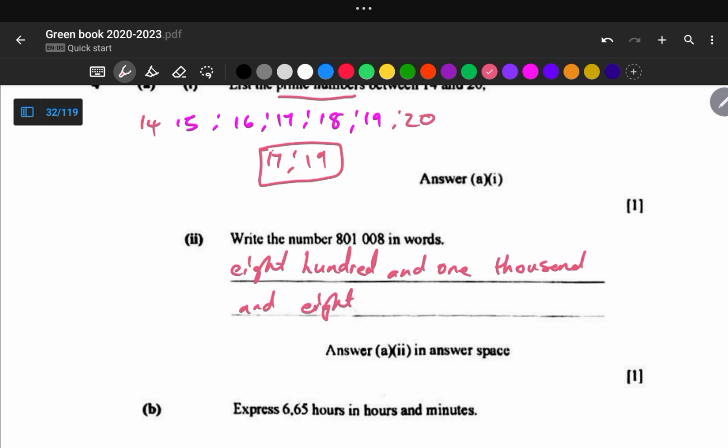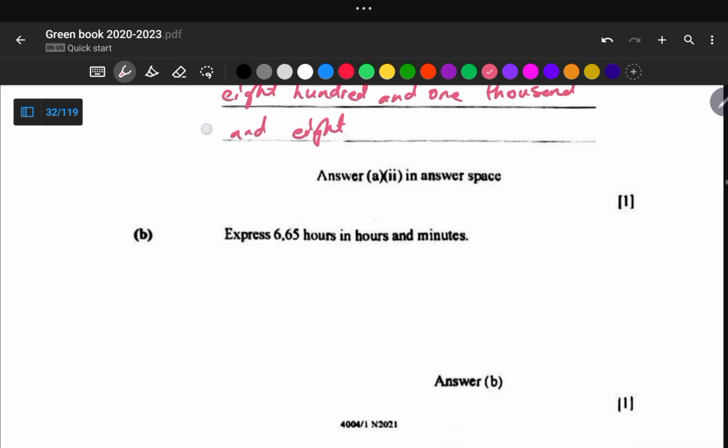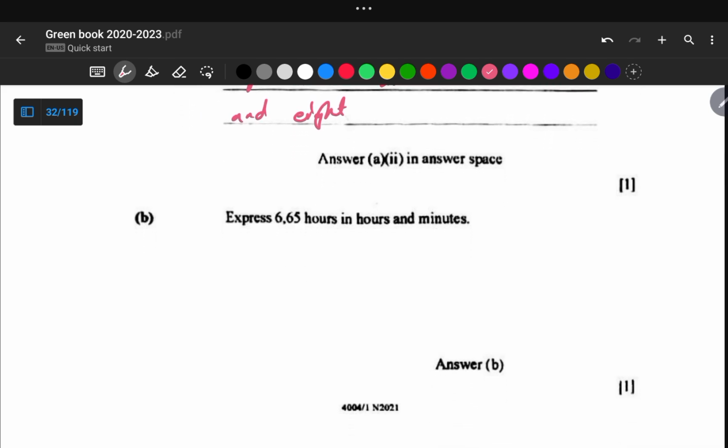801,008. Okay, and let us move on to the next part, part B, which is saying express 6.65 hours in hours and minutes. So we are having 6.65 hours, and we are going to express it in hours and minutes.